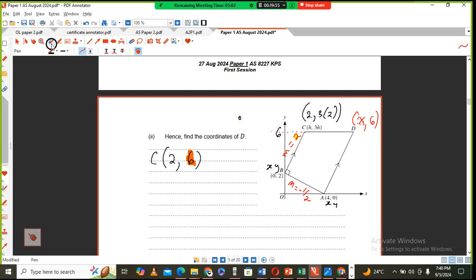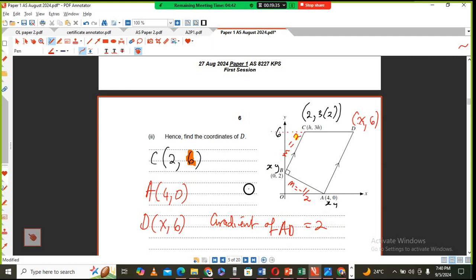But let's take point A, point A being 4, 0, point D being x, 6. We know that the gradient of AD will equal to 2, same gradient there, because they are parallel.